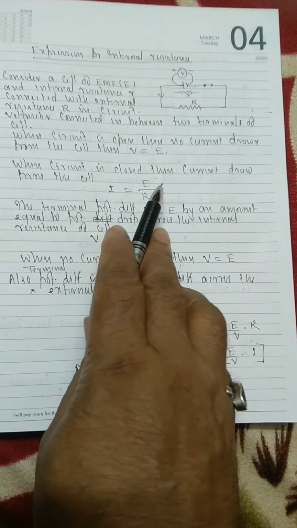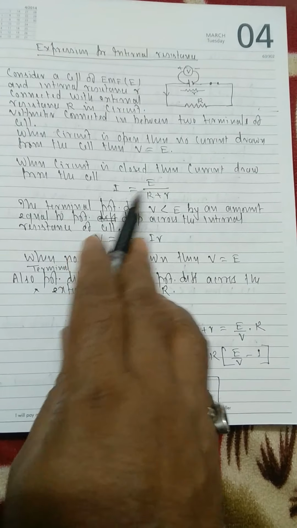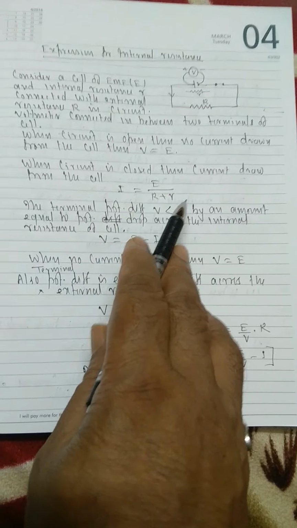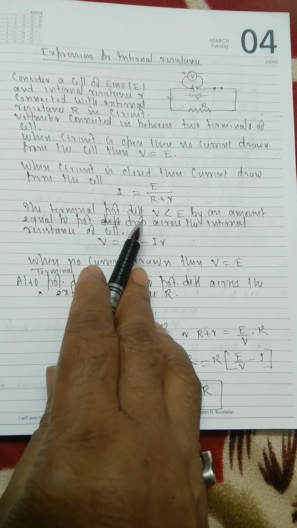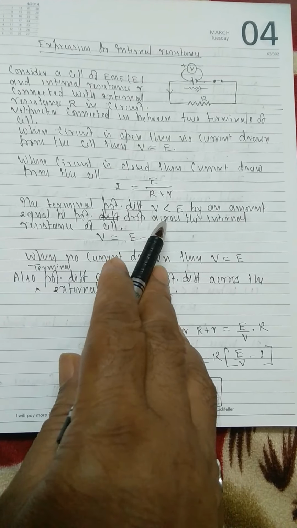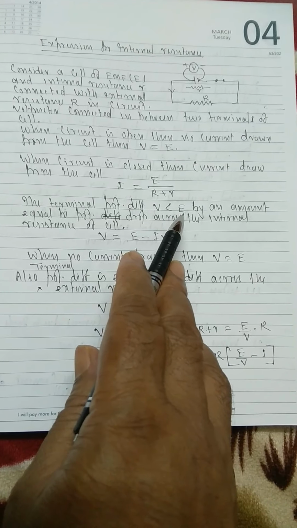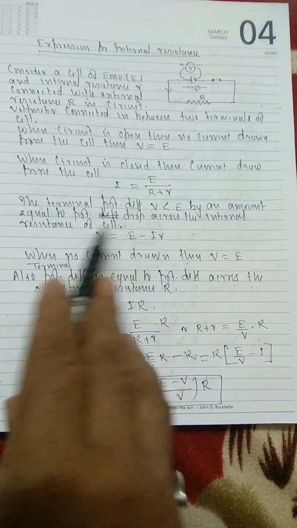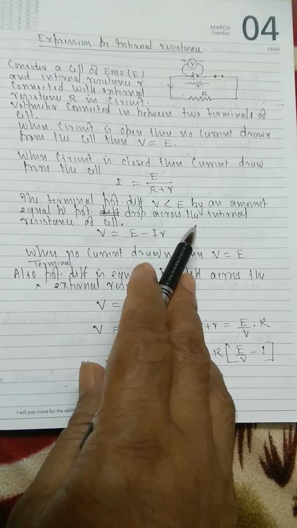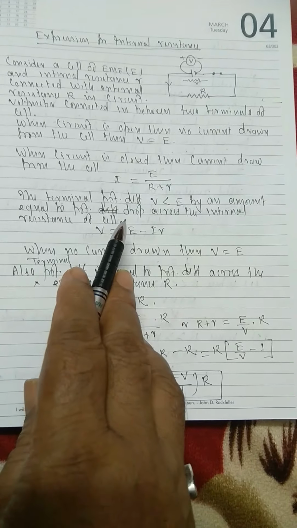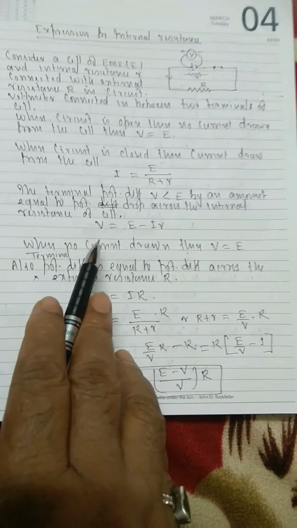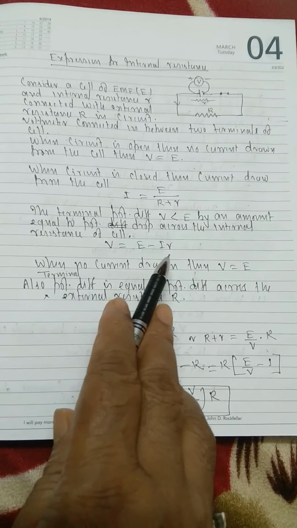When the circuit is closed, current is drawn from the cell and I equals E by R plus r. The terminal potential difference V is smaller than the EMF by an amount equal to the potential drop across the internal resistance of the cell. So V equals E minus Ir.